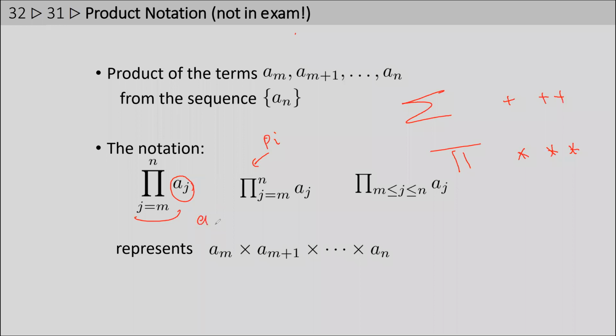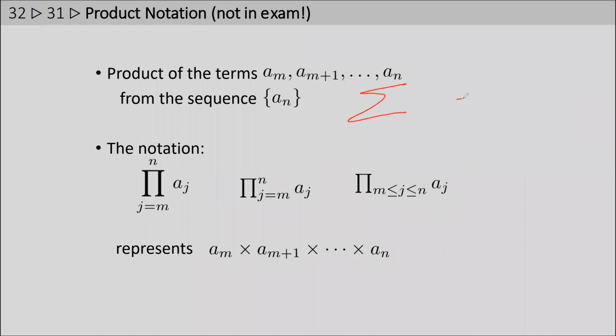It means aj, substitute j by m now, times the next j, m plus 1, the next one is subscript m plus 2, until it reaches an. So this one is used to represent the summation, and this one is used to represent the product.